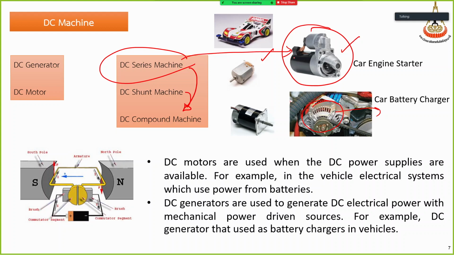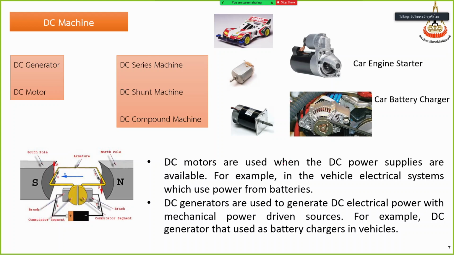Okay, so DC motors are used when a DC power supply is available. So what is needed for a DC machine? We need a DC supply. But when we walk into a factory or a large building nowadays, we have AC supply as the main power supply.